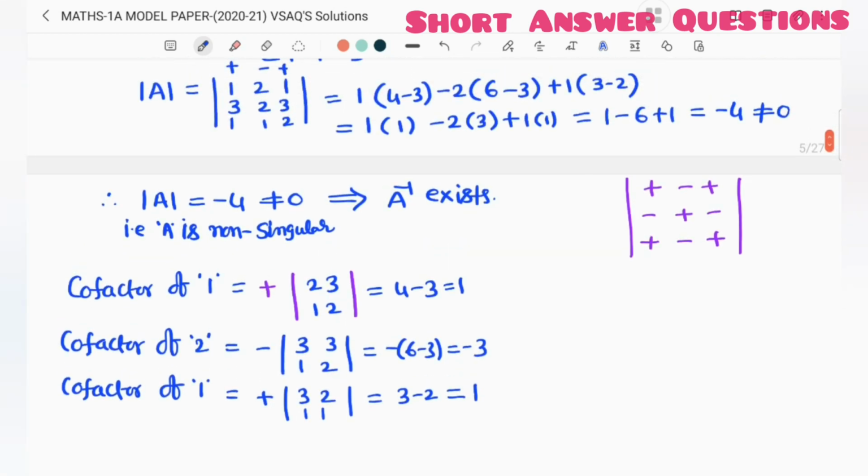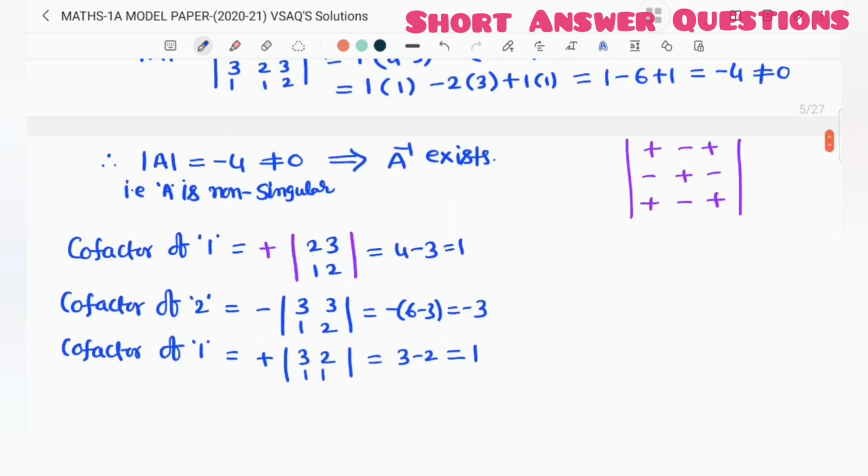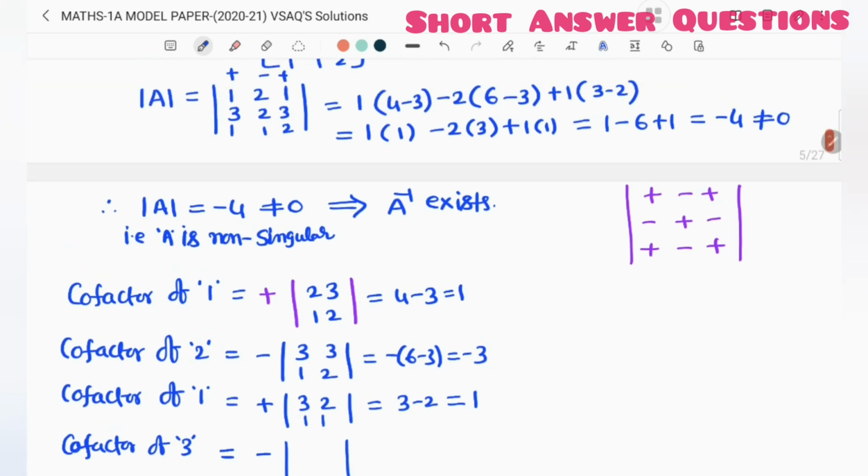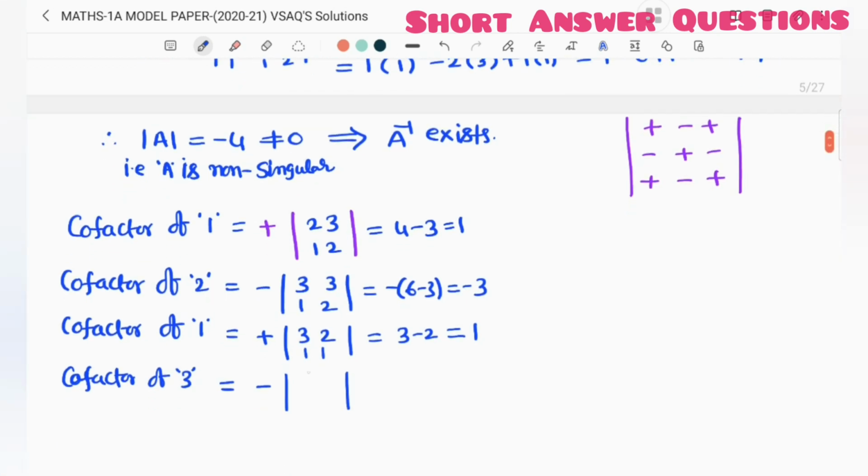Next element is 3, in the second row. So the cofactor of 3 has minus, for second row first column, 2 1, 1 2 will come. So 2 1, 1 2, which is equal to minus of 4 minus 1, which is equal to minus 3.